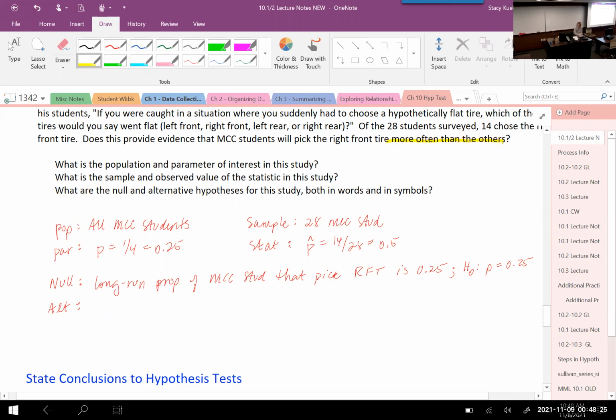There's our inequality symbol we're going to use for the alternative. So the long run proportion of MCC students that pick the right front tire is more than 0.25, or in other words, P is greater than 0.25. Okay?